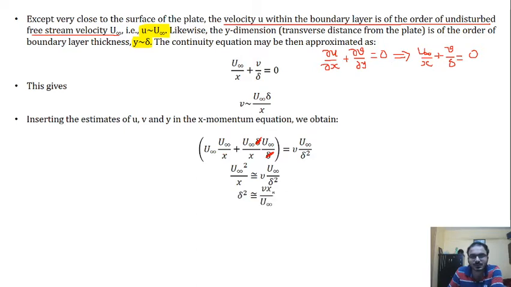So delta square is given by this formula, that is nu x upon u infinity. This one term will get cancelled out with this power. So by making delta square as a subject in this equation, we will be getting this. So delta upon x is given by this formula. So let's focus over here.